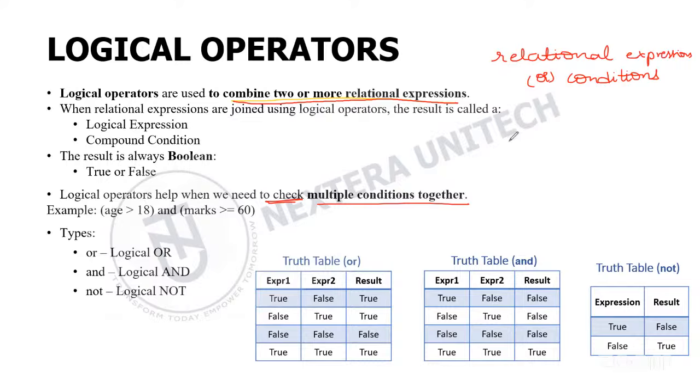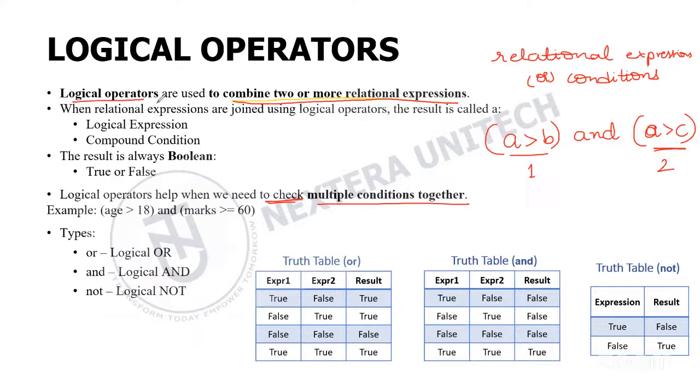So for example, when I want to check A greater than B, I want to check this relational expression as well as A greater than C. So I want to check if A is greater than B and A is greater than C. This is one relational expression, so this is one condition, and this is one more relational expression which is a second condition.